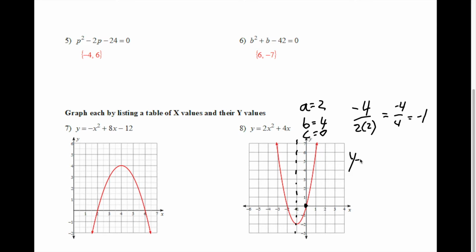Okay, go ahead and plug that into the equation where we have 2 times negative 1 squared plus 4 times negative 1. Like I was mentioning earlier, negative 1 gets squared, so negative 1 squared is going to become positive 1.